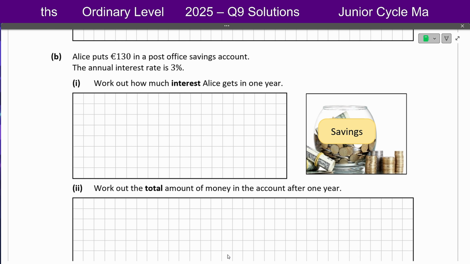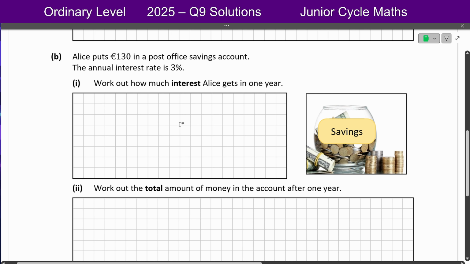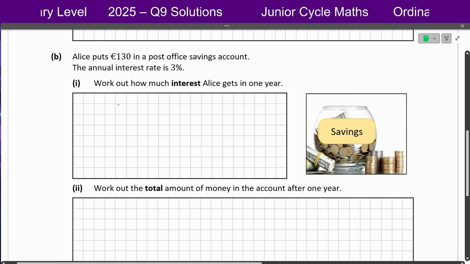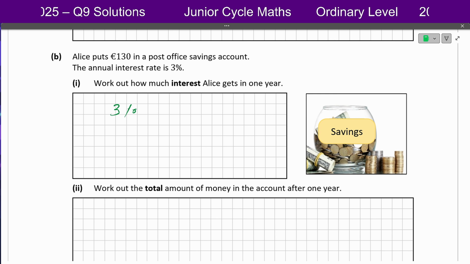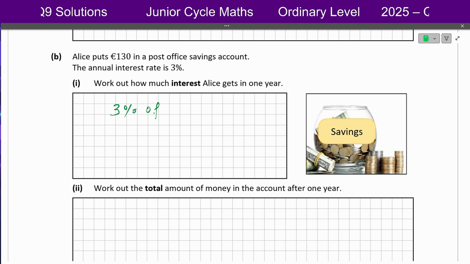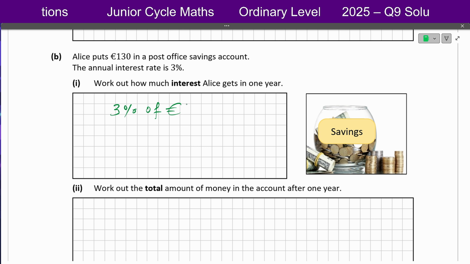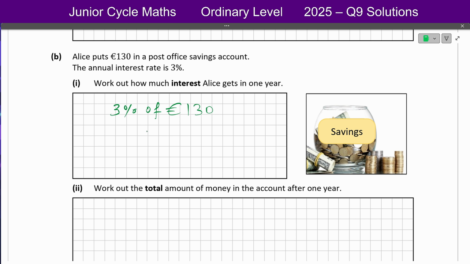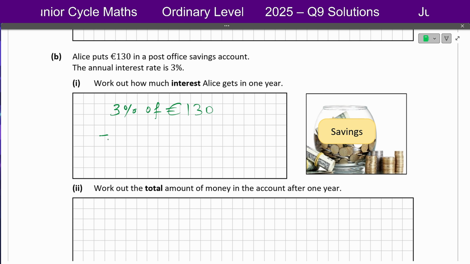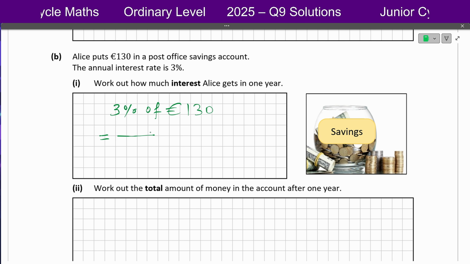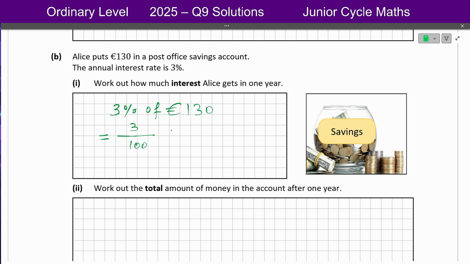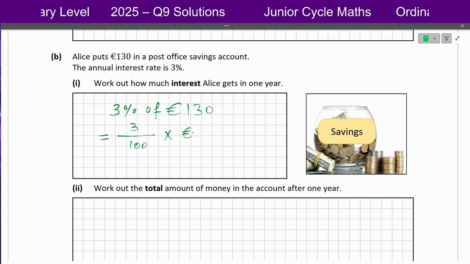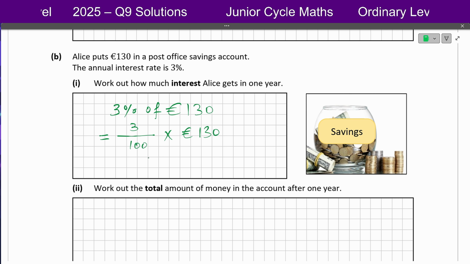We know the interest is 3%, so we write down 3%, and that should be of the total amount, which is €130. We can also write it in fraction form: 3/100 times the total amount, which is 130.